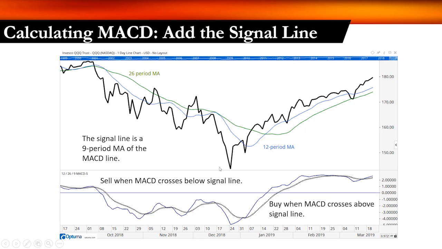To get signals from any type of indicator, we can add a moving average to that line. So the signal line, the dashed line here in this chart, is a 9-period moving average of the MACD. That's all it is.